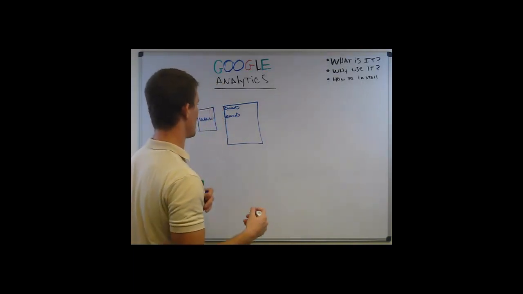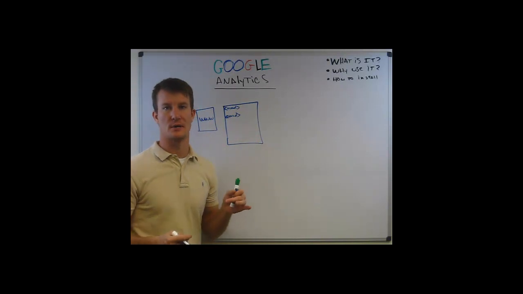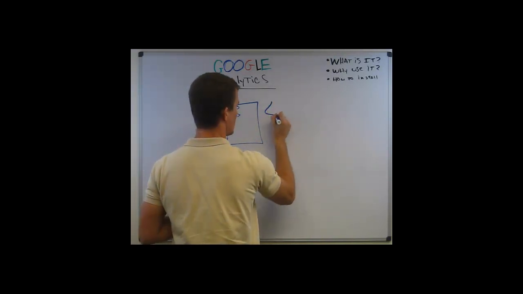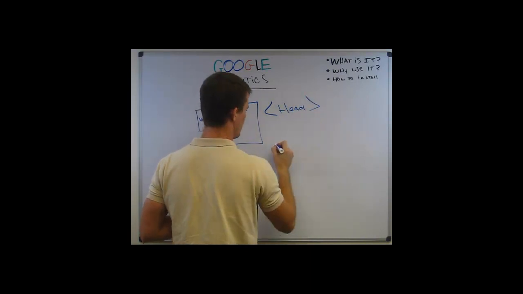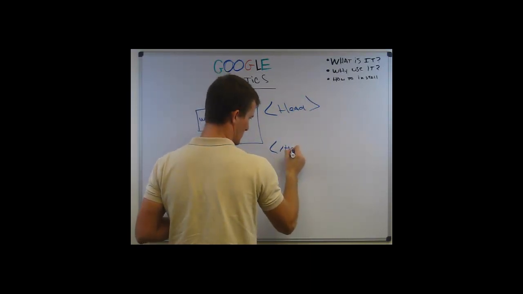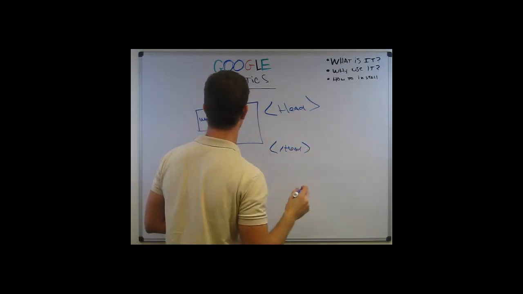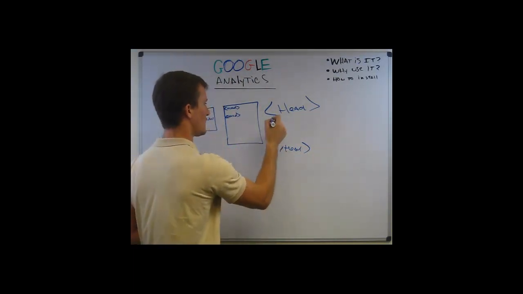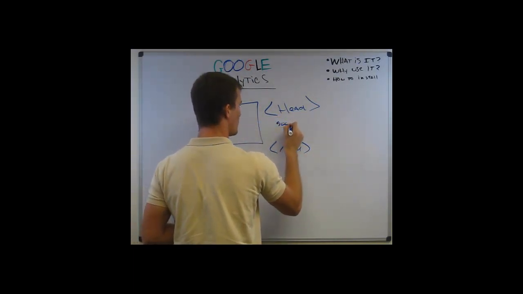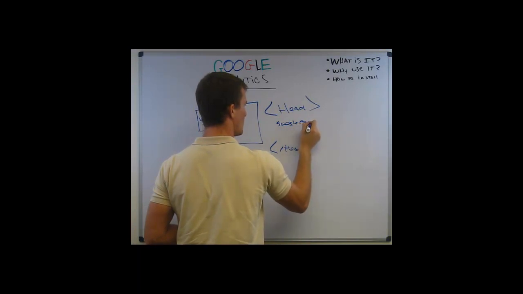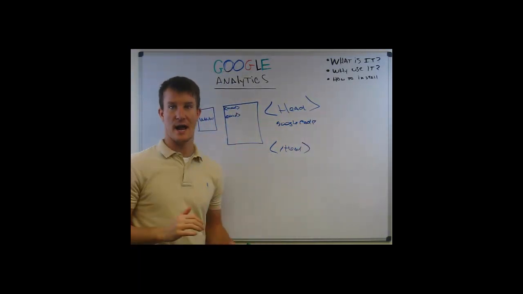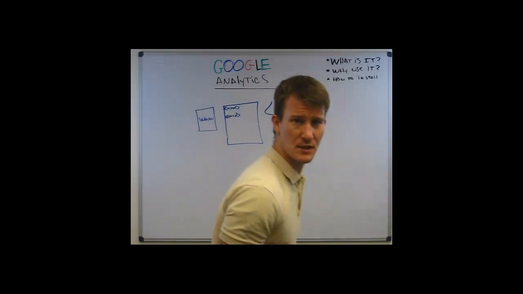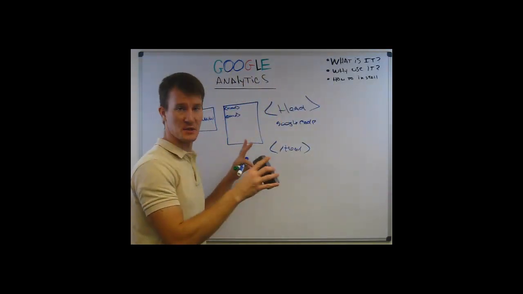Now in this head, you've got a bunch of different information, and we're not going to go into that. But in the head tag, which looks like this, we place some Google code, which tells our web page how to track data. So that's essentially how the analytics piece works.